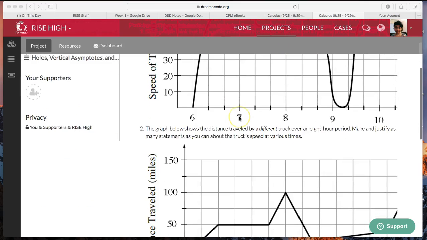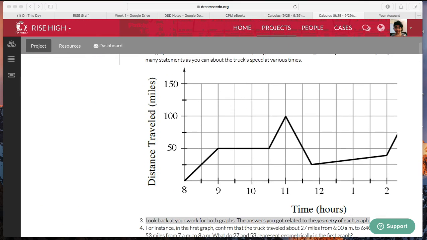So in the meantime, on this graph, you notice that we traveled 50 miles in 1 hour, and our speed is the slope of this line, right? So we traveled 50 miles over 1 hour, and our speed is our slope, or our change in y over our change in x.